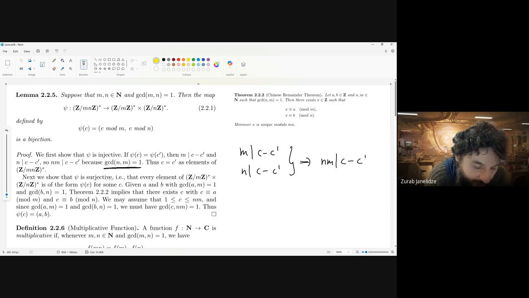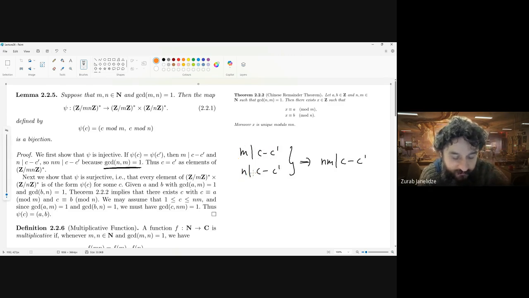Now, the way the fact that the GCD of N and M is 1 is useful to obtain this implication is the following. We know that every number decomposes uniquely into its prime factors, right? So think of decomposing m into its prime factors, n into its prime factors, as well as c minus c prime.